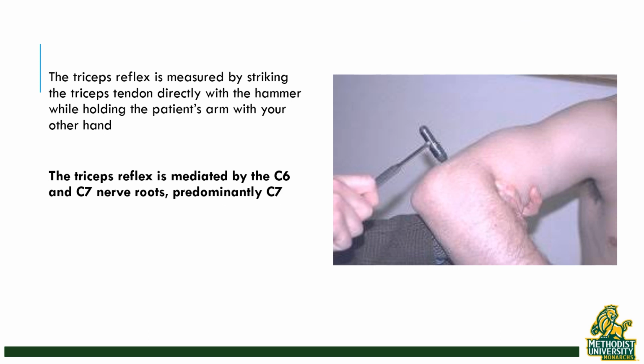We check the triceps reflex by holding the weight of the patient's arm, having them relax and directly striking the triceps tendon and looking for extension of the forearm. The triceps reflex is primarily mediated by C7.